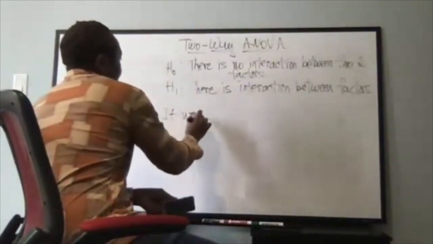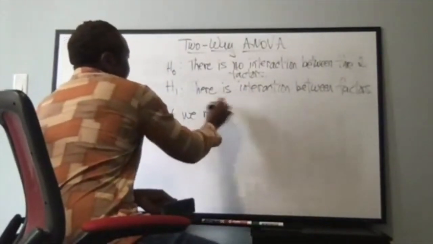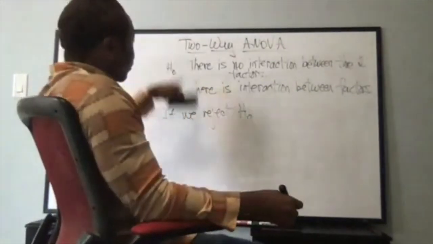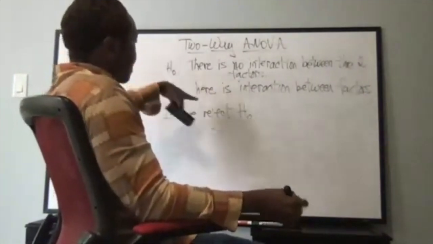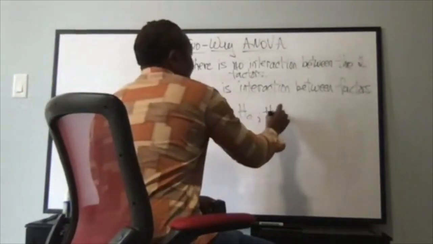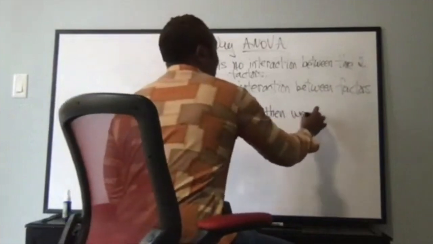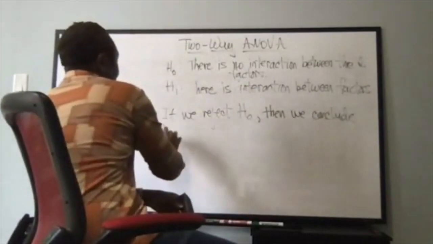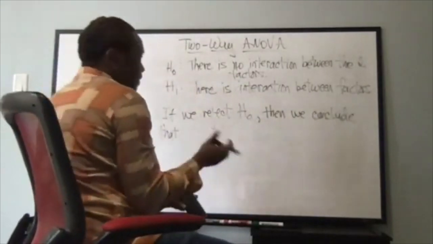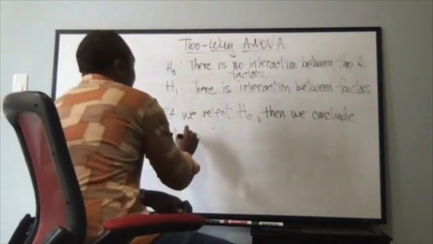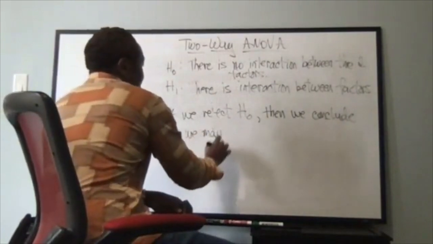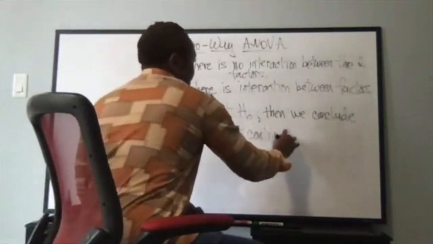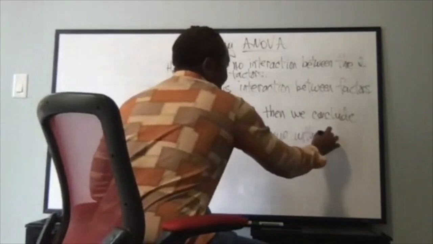If we reject H sub 0, in other words, if we prove that there was interaction, then we conclude that we may not continue with analyzing.